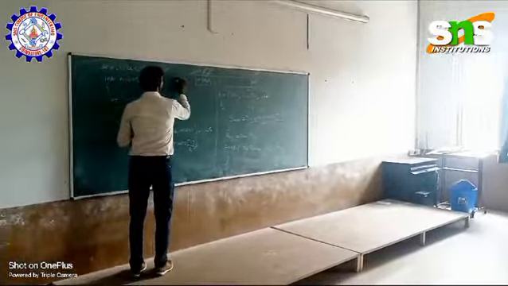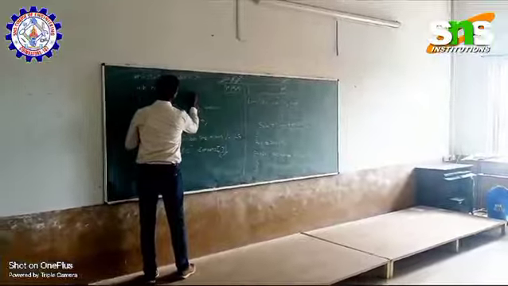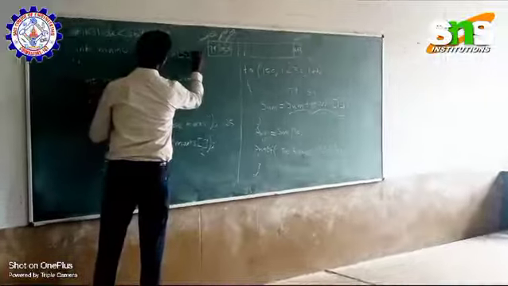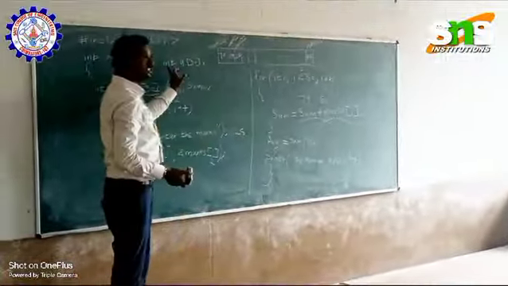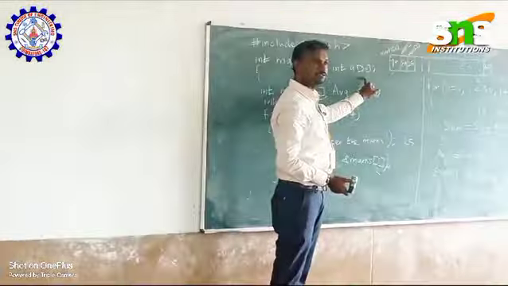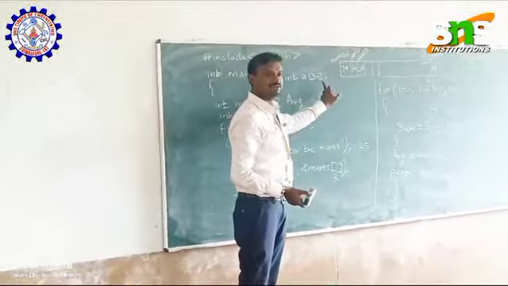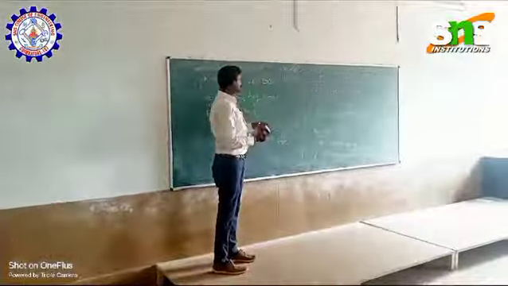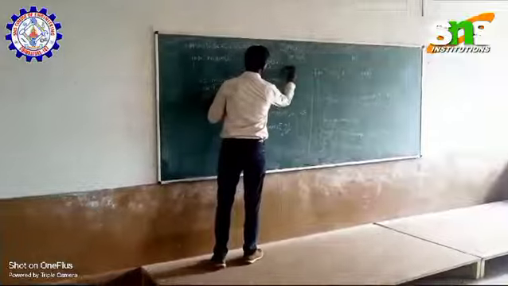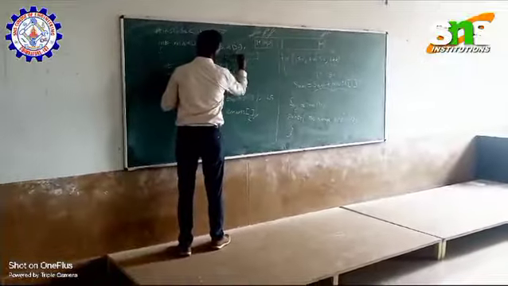One simple example is int a[30]. So here integer is a data type, a is the array name, and 30 is the size of the array, which means that totally it is the dimension of the array. So the output for this particular declaration is this one.